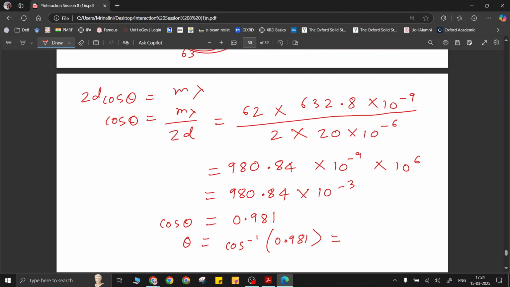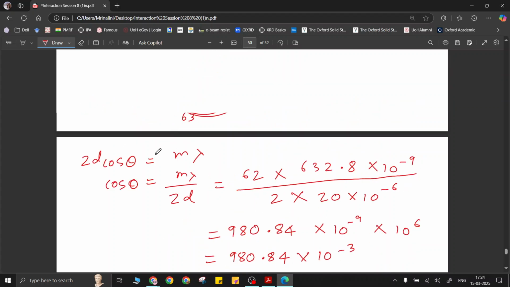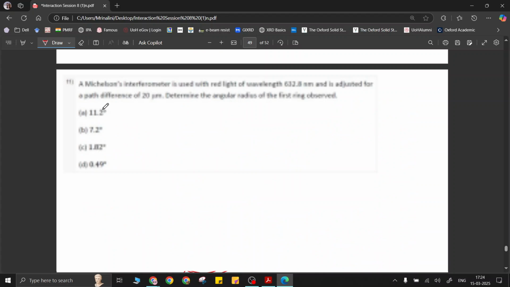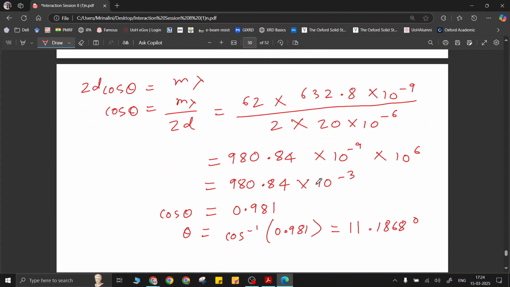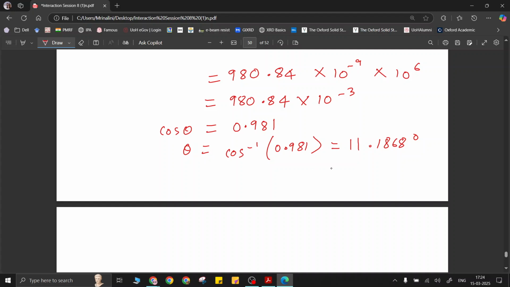We are getting 11.1868 degrees. Okay, and our answer is matching with 11.2 degrees. When we take it up to the first decimal digit, it will be 11.2 degrees. So option A is the correct answer.